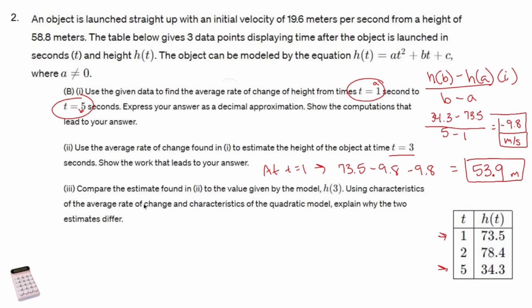All right, so what I did using the graphing calculator is I found out that the actual picture looks like this. Okay, by finding the average rate of change, it only assumes that that's what we're dealing with. So the way that we're going to describe this is h of 3 is actually equal to 73.5. Okay, so, but the estimate we found was, what was it, 53.9?